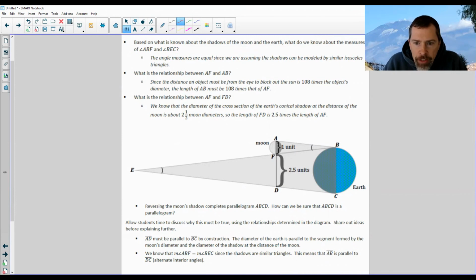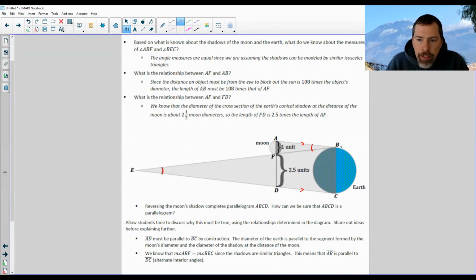So if I look at angle ABF, it's right here, and angle BEC is way down here. Okay, well, if we took this moon and moved it up like so, this line is parallel to DC. The lines are parallel. So AB is parallel to DC. This is a parallelogram.